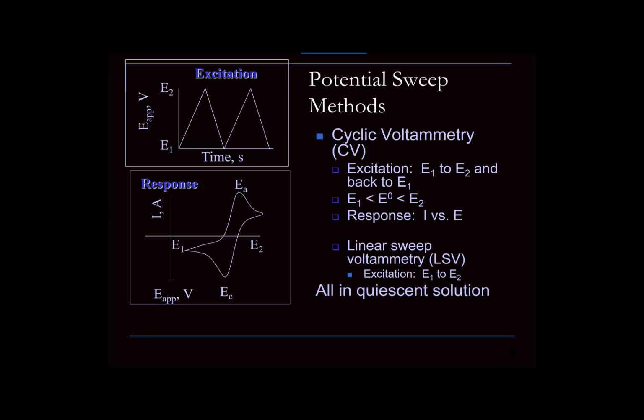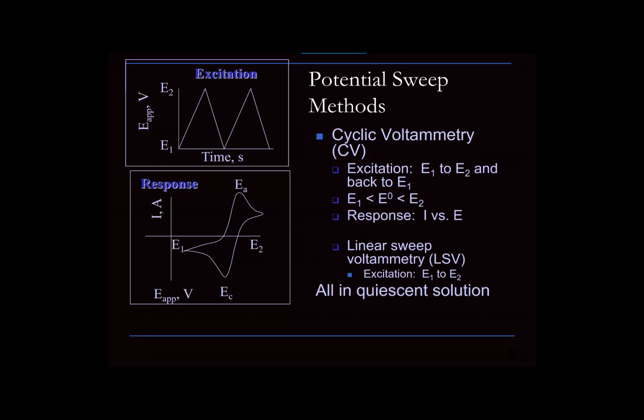Lastly, we avoid any problems from migration by adding relatively high concentrations of good electrolyte materials. And this decreases the contribution from the analyte's migration to the electrode. The bulk of the migration current ends up being attributable to the electrolyte. So those are the experimental conditions for carrying out the experiment.